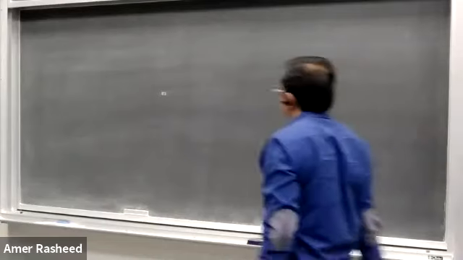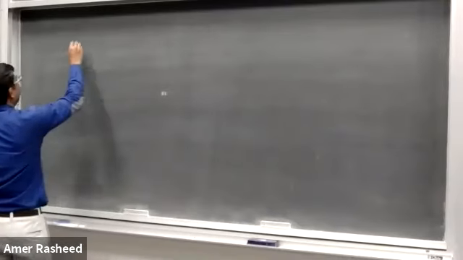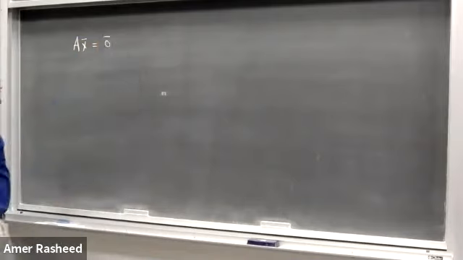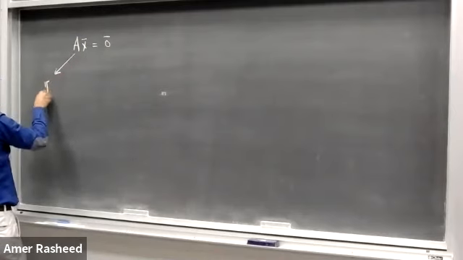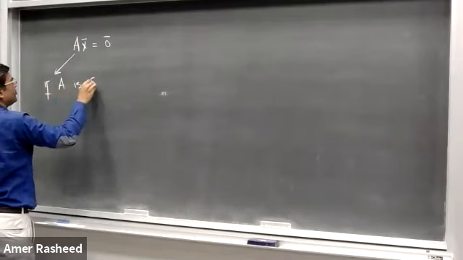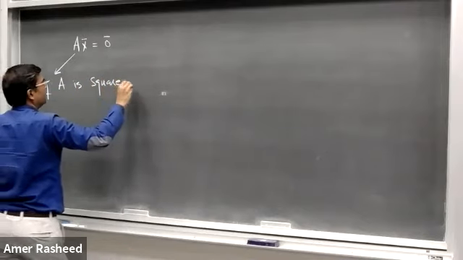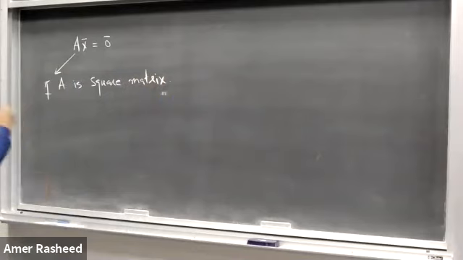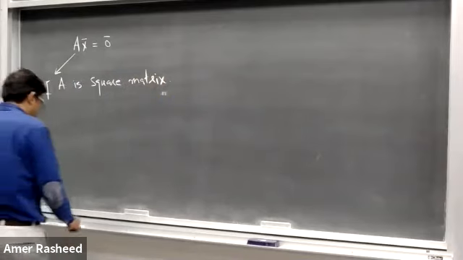Let's move forward. Now, if we have a homogeneous linear system, then we can write it in this form. This is a homogeneous linear system. Now, if this A is a square matrix, the first condition is that A should be a square matrix.